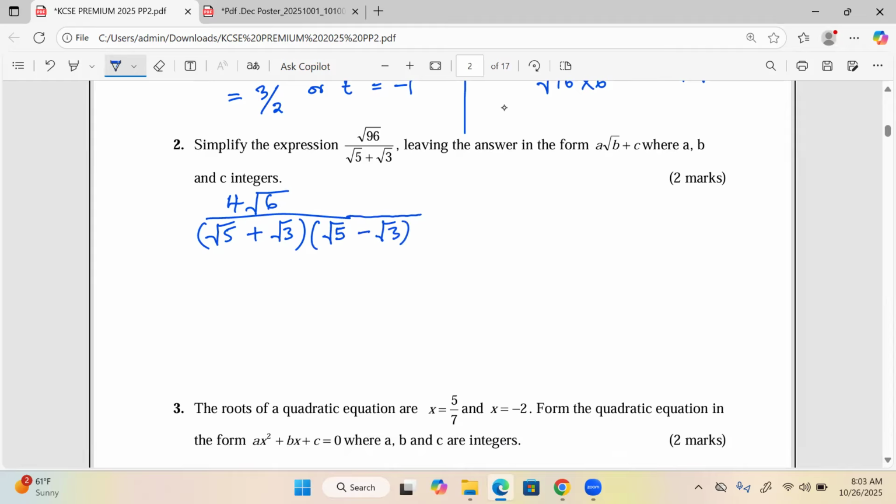Therefore, with root of 5 plus root of 3, we multiply this with root of 5 minus the root of 3. Then the same happens so that the value of the expression is not tampered with. We do the same here: the root of 5 minus the root of 3, like that.